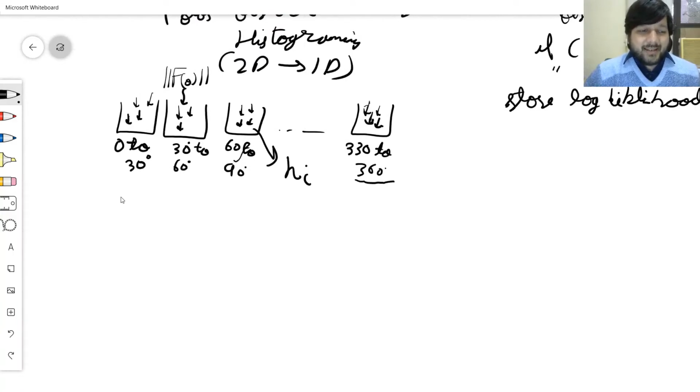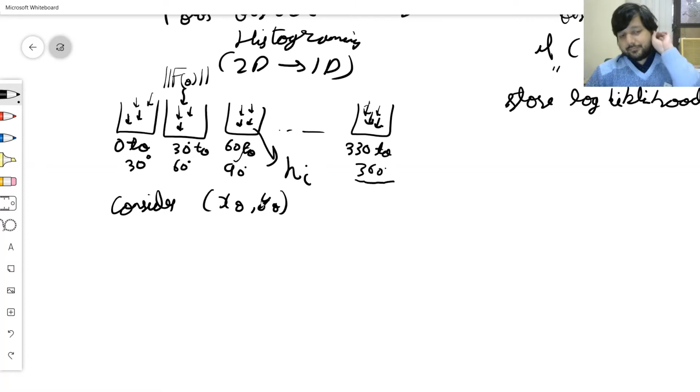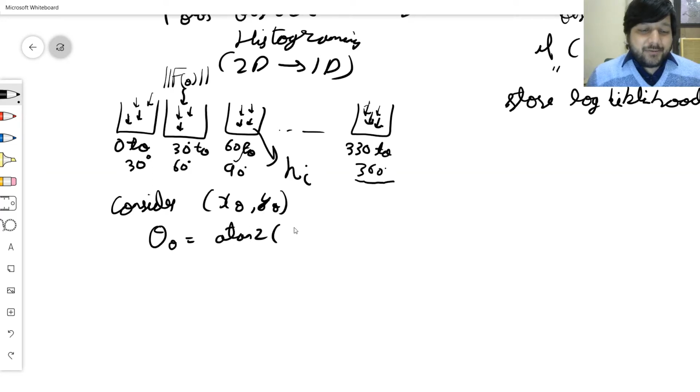So I consider the obstacle (x_o, y_o), and for this obstacle, theta_o is equal to atan2(y_o minus y_r, x_o minus x_r). I need to decide which bin it belongs to.